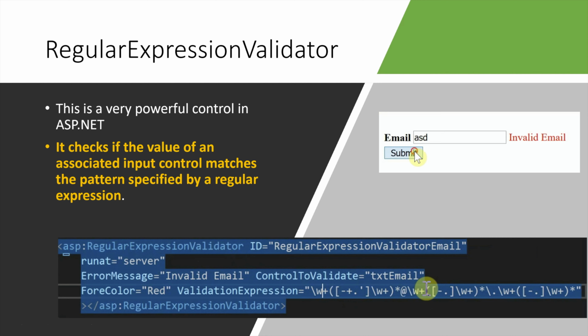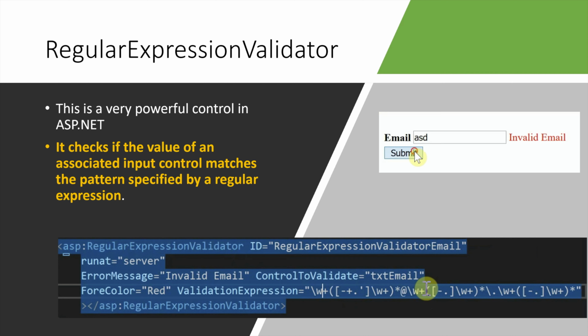What will this ValidationExpression take? The ValidationExpression attribute takes a regular expression as an input. So whatever you can see on the screen over here is a regular expression. You don't have to worry about writing such big validation expressions because ASP.NET provides us with a pre-built set of validation expressions. That was all you need to know about regular expression validator controls.